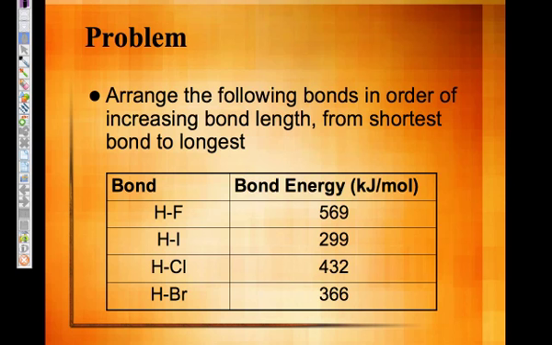And what would be the next? HCl, then HBr, then HI. So HI is the easiest to break, because it's far apart over here.